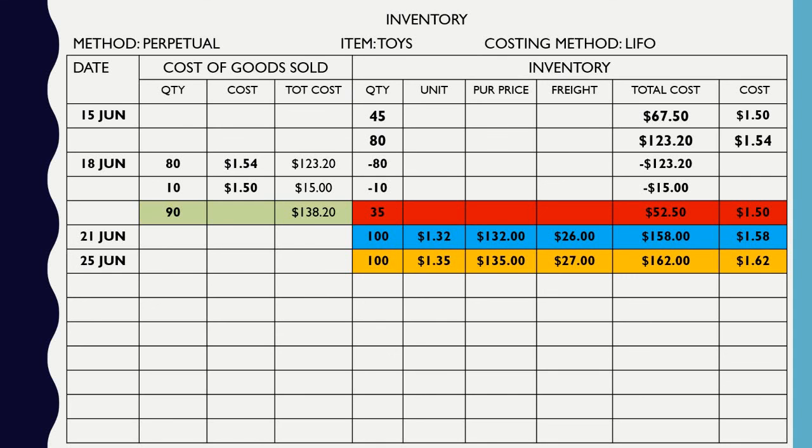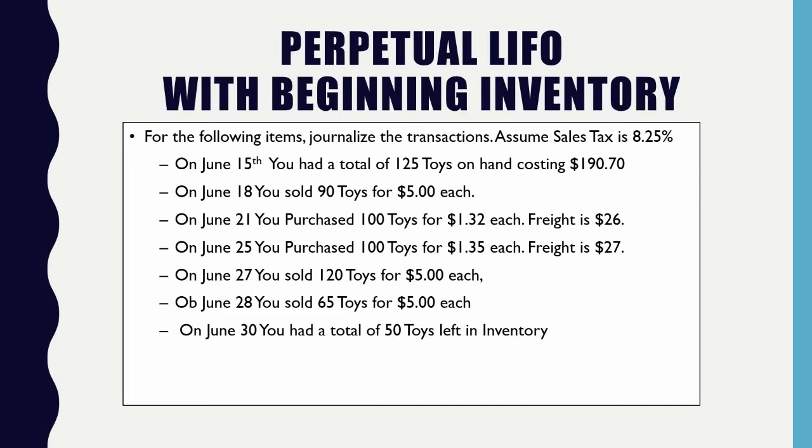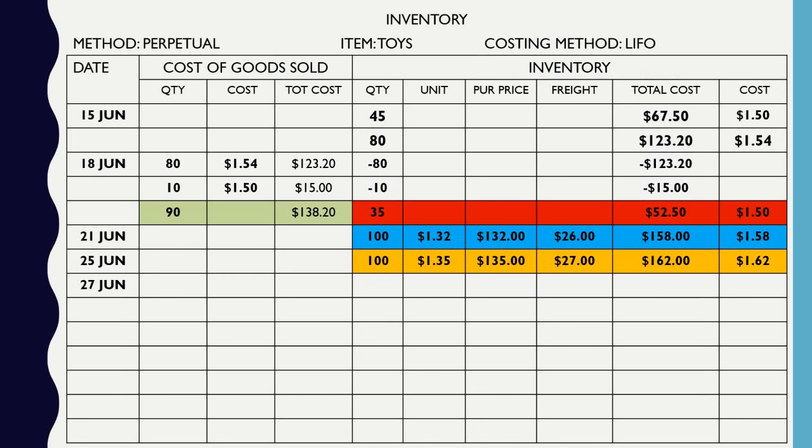Okay? So now, what happens when I sell on June 27th? I sold 120 toys. So what am I going to do here? You're going to take 100 from your last batch, and then you're going to take 20 from the blue batch. Good. So once again, my grand total is 120 that I eliminated.